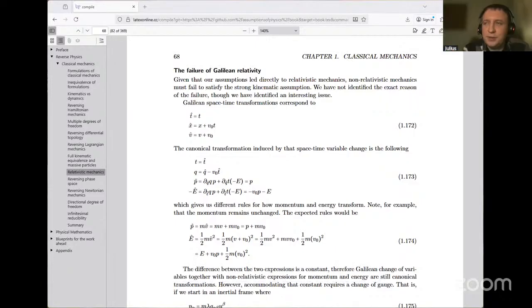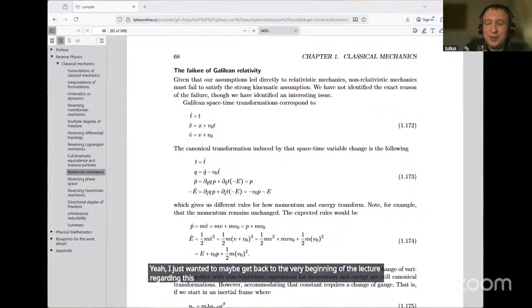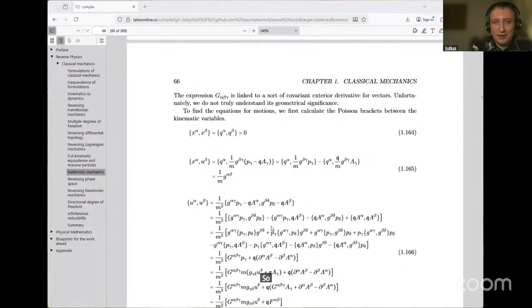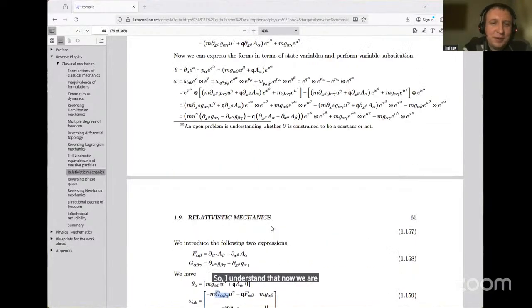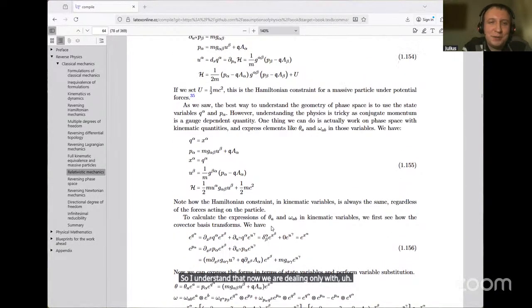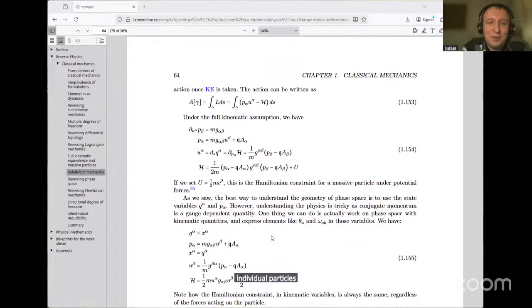Yeah, I just wanted to get back to the very beginning of the lecture regarding this Hamiltonian constraint and this potential. I understand that now we are dealing only with individual particles, so that has to be separated from the study of fields.